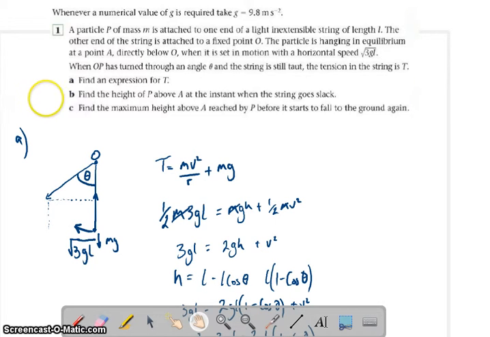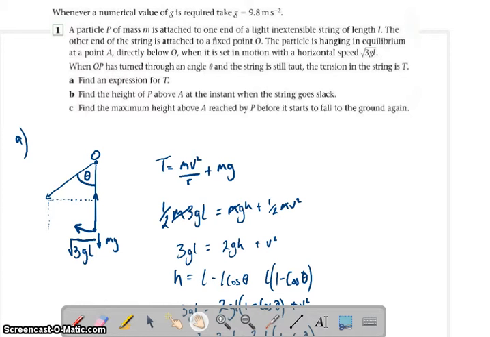Okay, and welcome to the sixth part of section 4 from the M3 mechanics course. It's looking at motion in a circle where there's a possibility that a particle or an object will stop travelling in a circle.